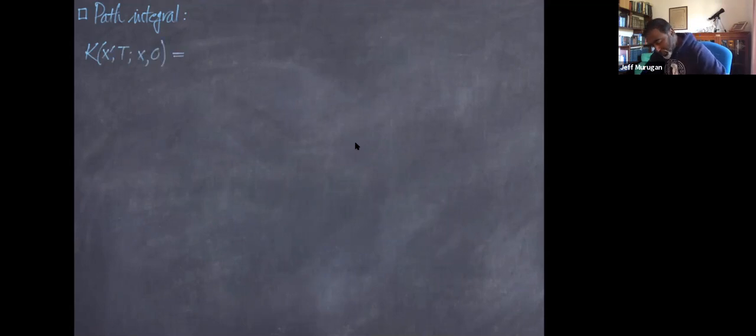So in the path integral computation, remember, we have a definition of what the path integral should look like. This K of x prime, t, x naught that I want to compute is the formal path integral.